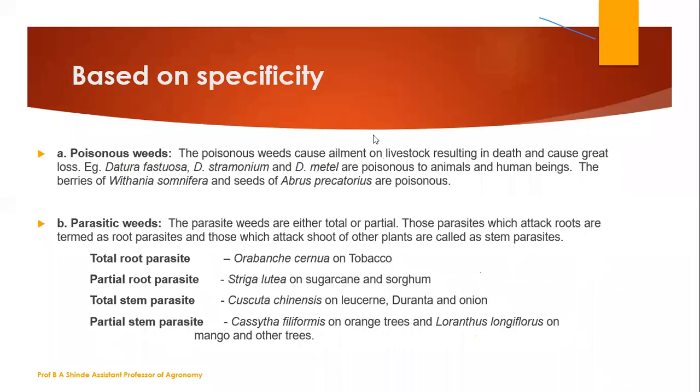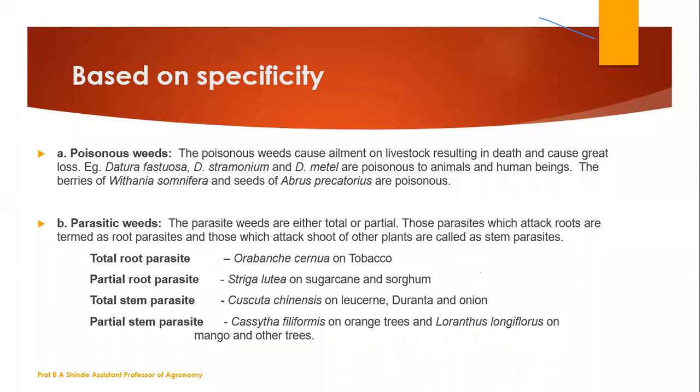The poisonous weeds are poisonous in nature. Such weeds are feared by the livestock, and in contact with human beings they cause skin irritation, and death may occur in livestock after feeding on such weeds.